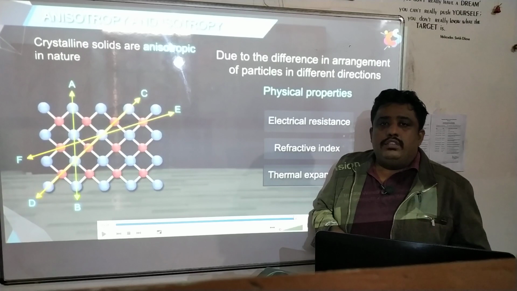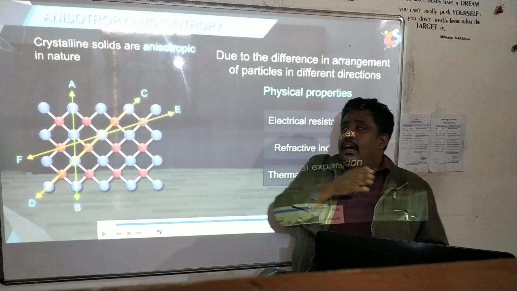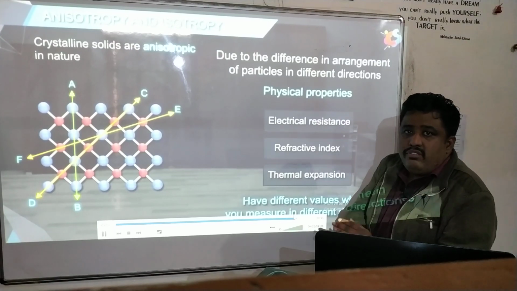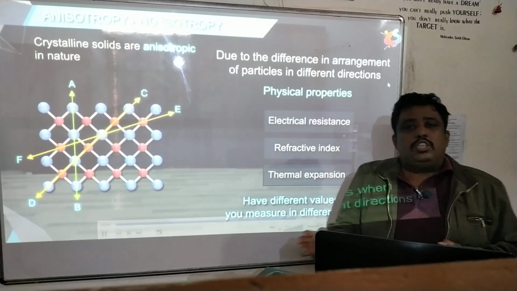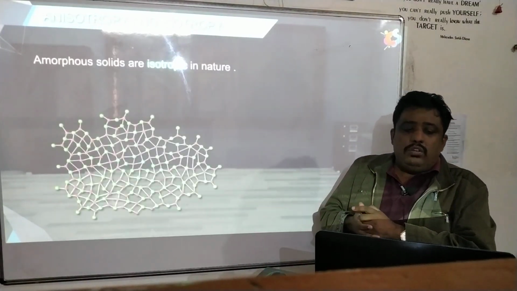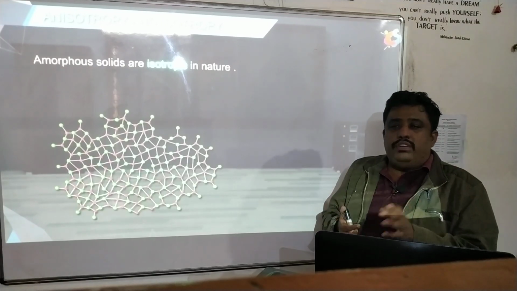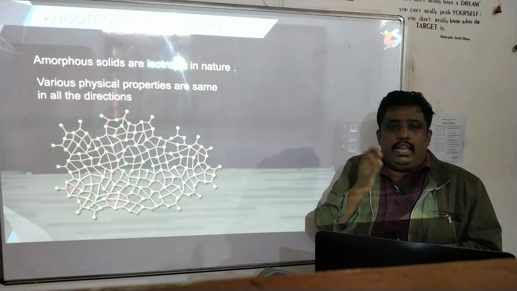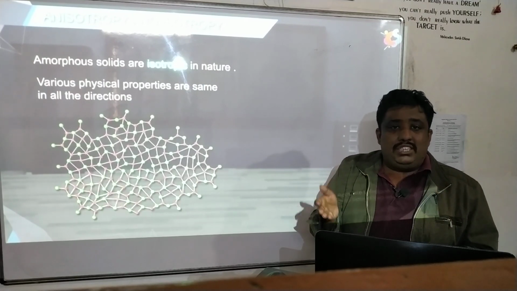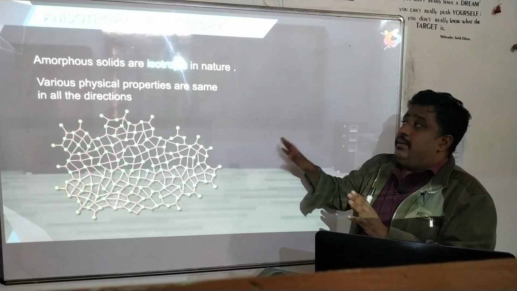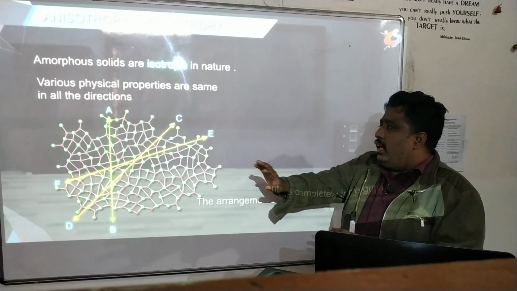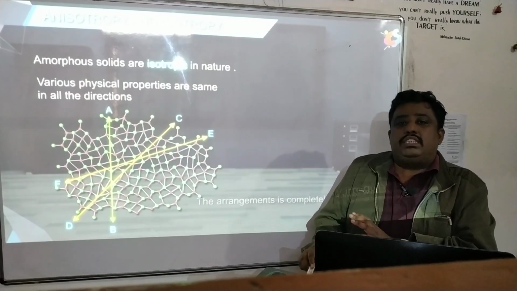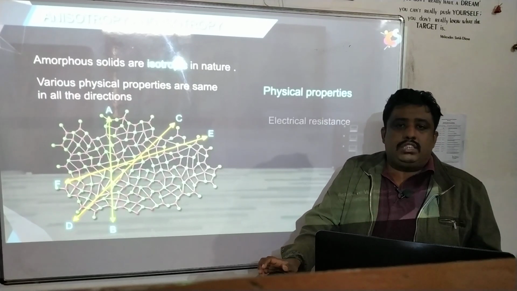That is called the property of anisotropy. But amorphous solids, because of the irregular arrangement, don't show anisotropy. They show isotropic nature, because properties like electrical resistance and refractive index will be the same when measured in all directions. That is also an important difference between amorphous and crystalline solids.